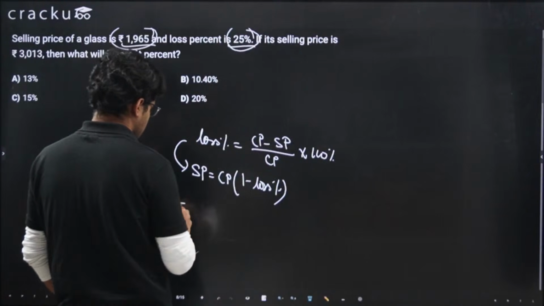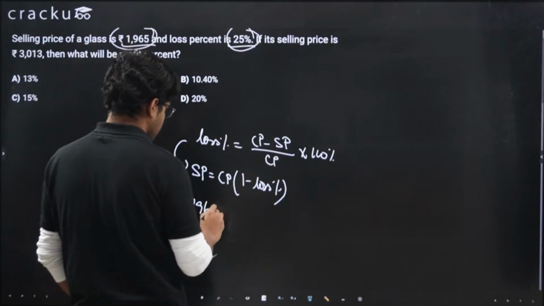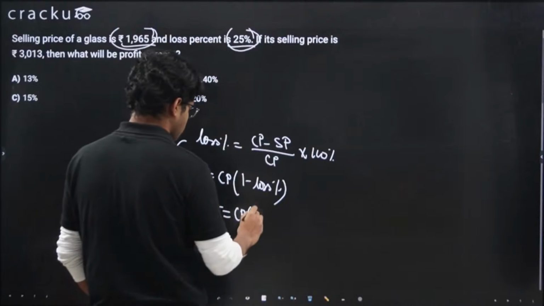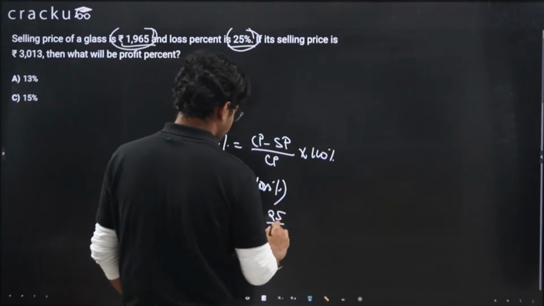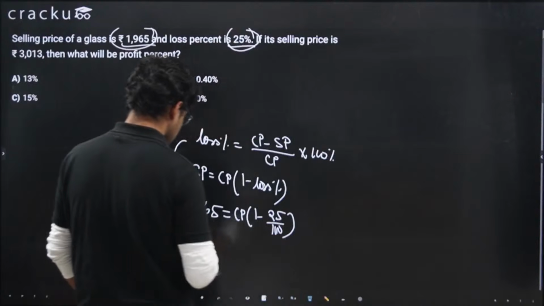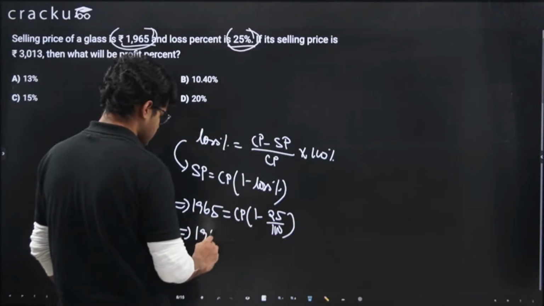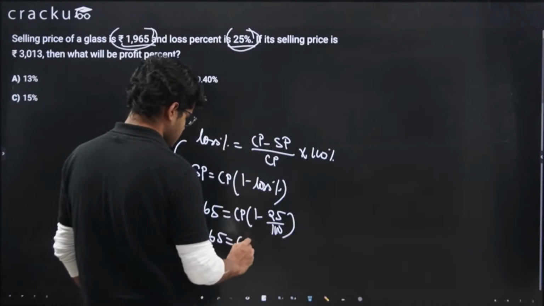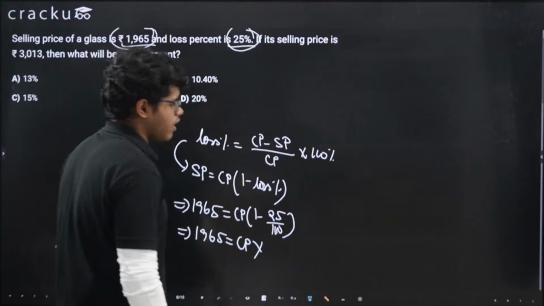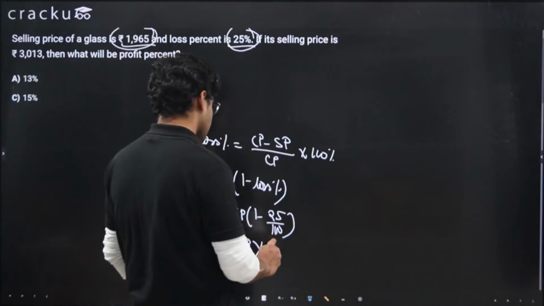So 1965 equals cost price into 1 minus 25 by 100, or 1965 equals cost price into 1 minus 0.25, which is 0.75.